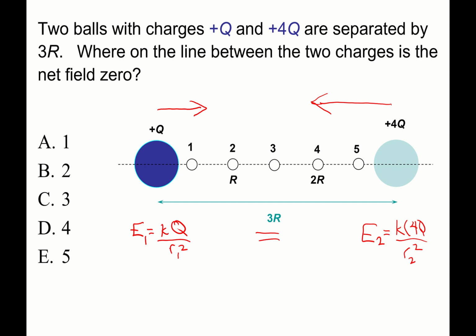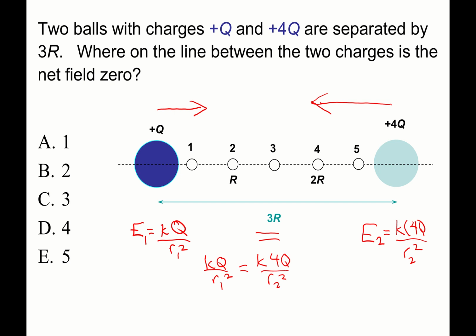So kq over r1 squared equals k times 4q over r2 squared. And just by common sense, you know that it's going to be a smaller electric field from Q than from 4Q, so you need to be closer to Q than to 4Q.